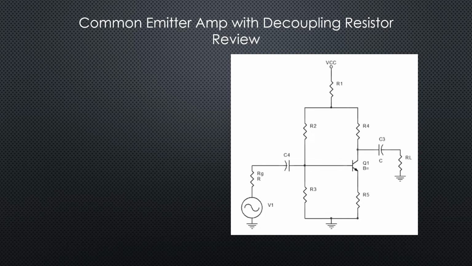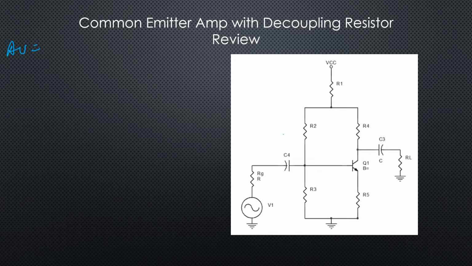Okay, let's see if we can figure out AV. Now, this circuit does not have a decoupling cap, which would have been right here, and in our lab, we've got that cap right there. Because that's not there, we're going to need to consider all of the resistances.